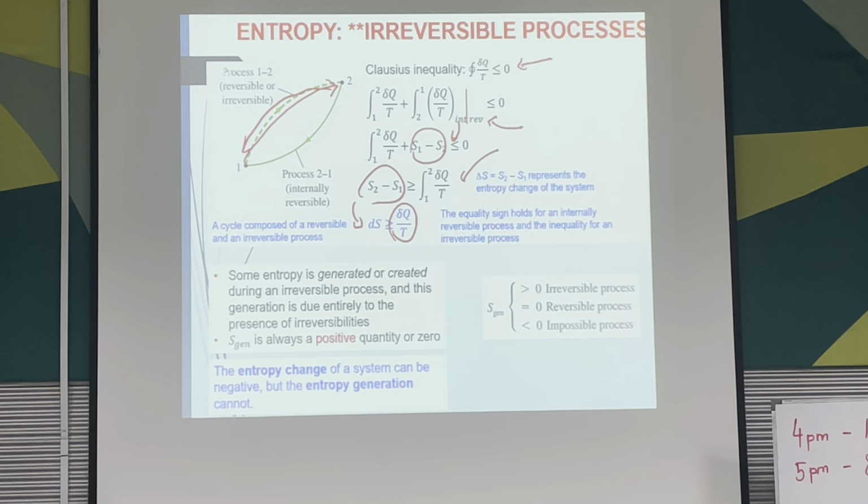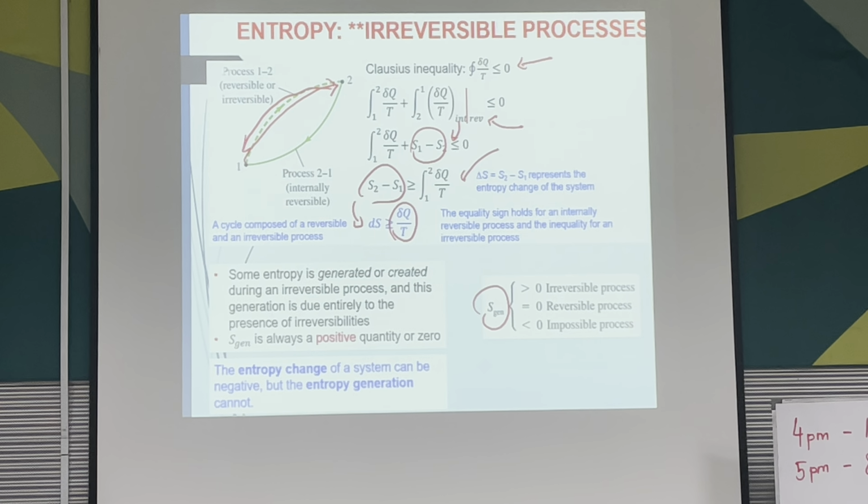So here, what we are trying to define is that the entropy that you will generate is always equal to or more than 0. It cannot be less than 0. So some entropy is generated or created during an irreversible process. If you think about it this way, it also makes sense.